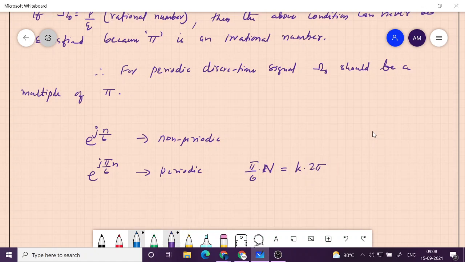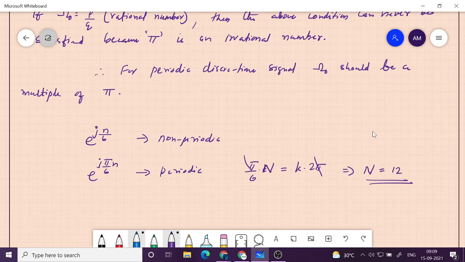This pi will get cancelled because omega 0 is pi by 6, which is a multiple of pi, which means that our N is equal to 2 into 6, which is 12 for the smallest value of k, which is 1. So you have to take k such that we get the smallest value of N.